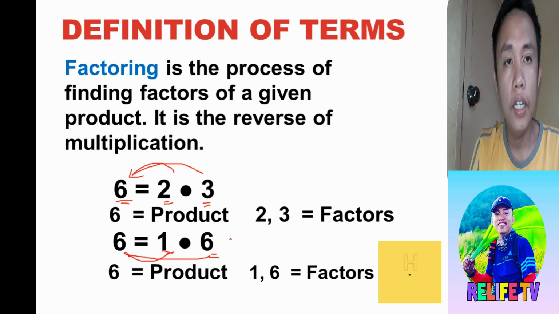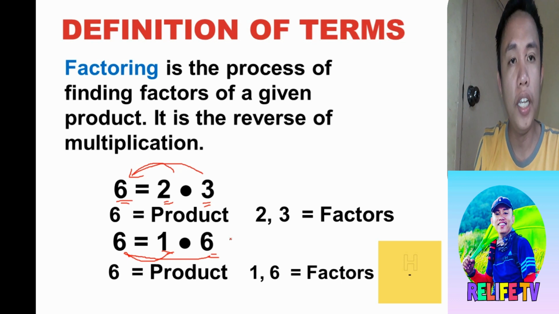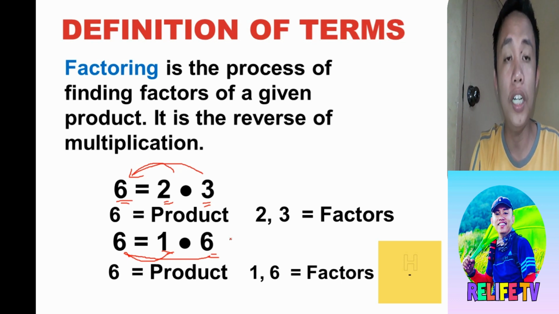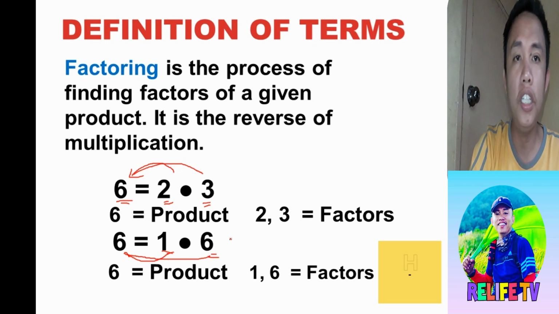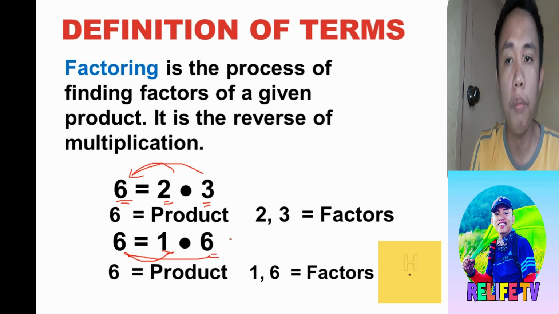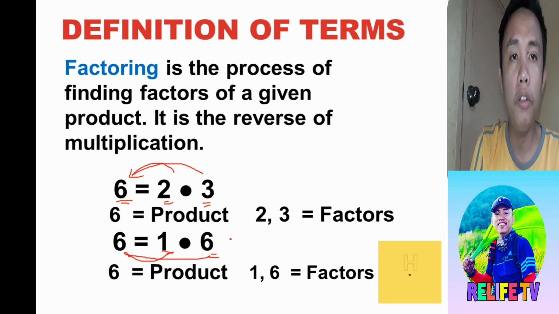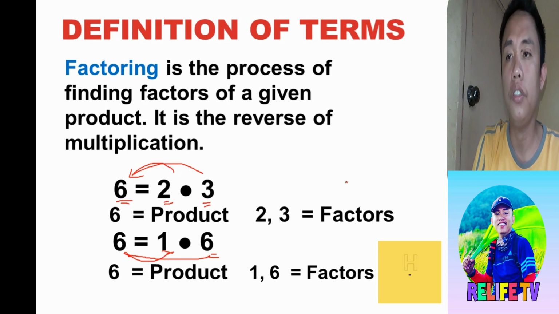In short, sa factoring, para tayo nagdi-divide o tinatawag nating division. Kaya nga sabi dito sa atin, ang factoring ang reverse ng multiplication. So here we consider 6 as a product, and 2 and 3, and 1 and 6 as the factors.